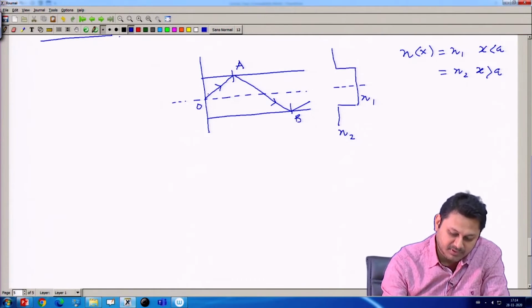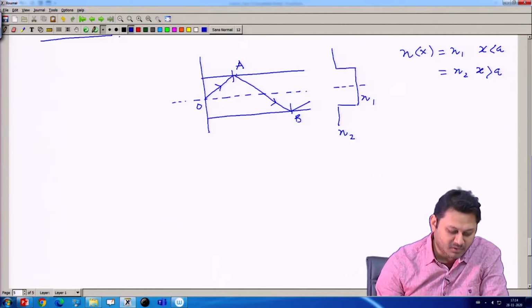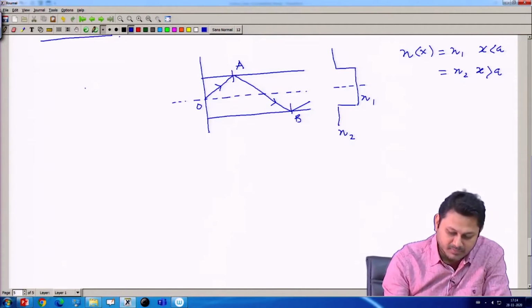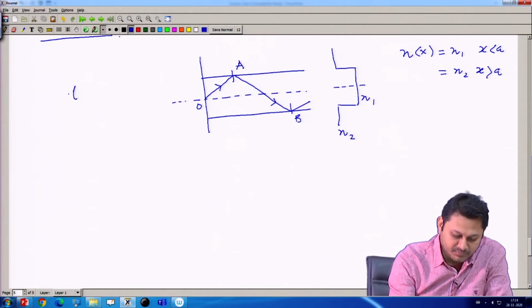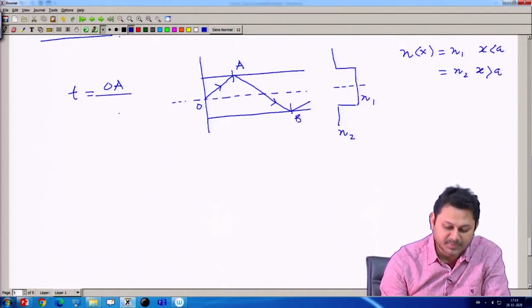So, what is the time the ray should take going from O to A? A very simple calculation is already there, so we will check that. If this is N, the time is precisely OA divided by the velocity. We do not need to use the integral expression of the transit time.